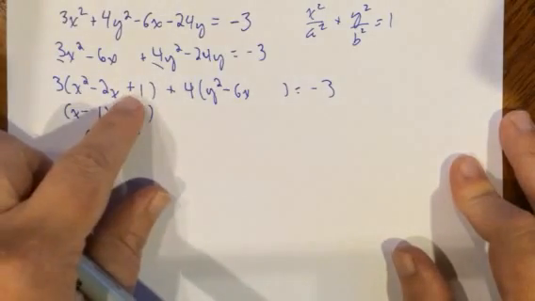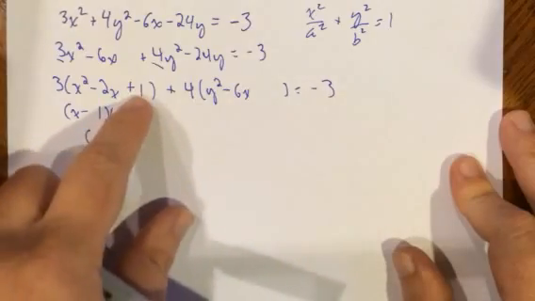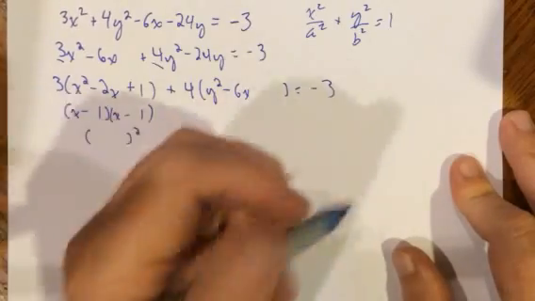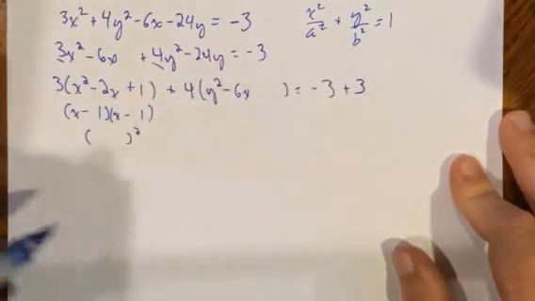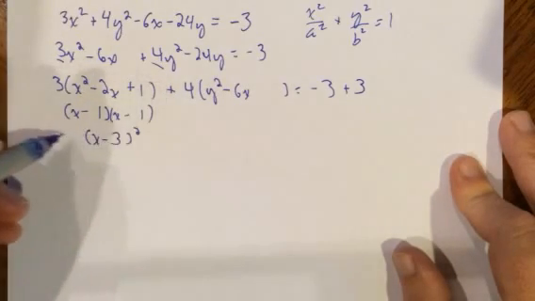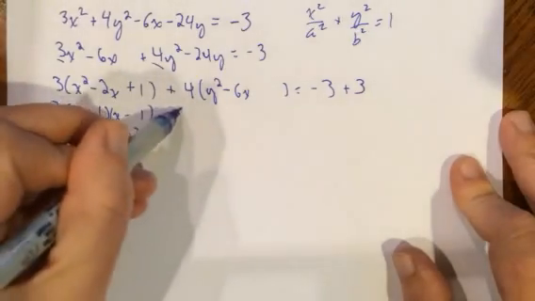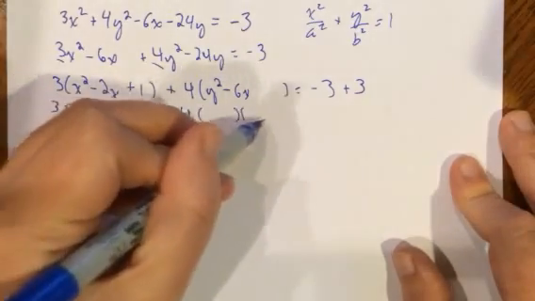Of course, if I add a plus 1 on this side, I have to add a plus 1 on this side. But I'm not actually adding a 1, I'm adding a 1 times 3. So I'm going to add a 3 on this side. Okay, so this is now a perfect square. So I'm going to do the same thing to the other side. I guess I should draw my 3 all the way down.